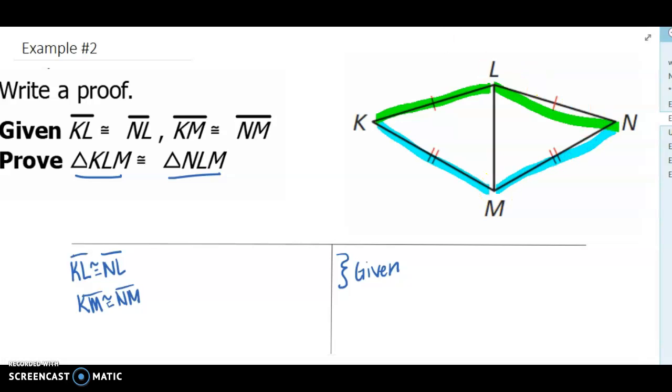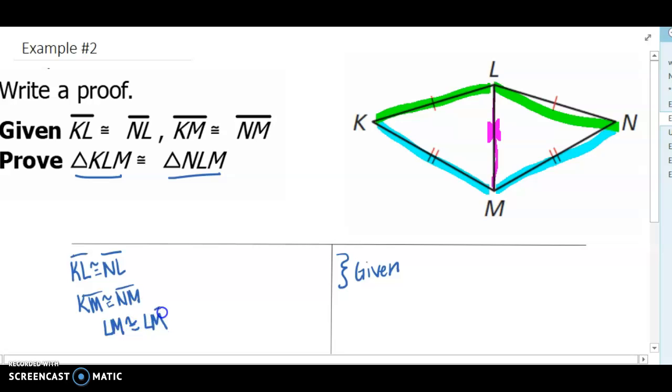Okay, well, notice the only side that I'm missing is this middle one right here, and they share this side. Okay, so that's where the reflexive property comes in. So I can say that LM is congruent to LM by the reflexive property.